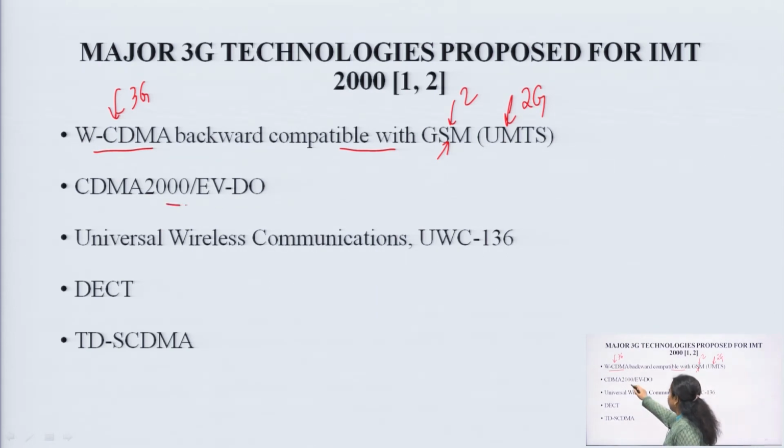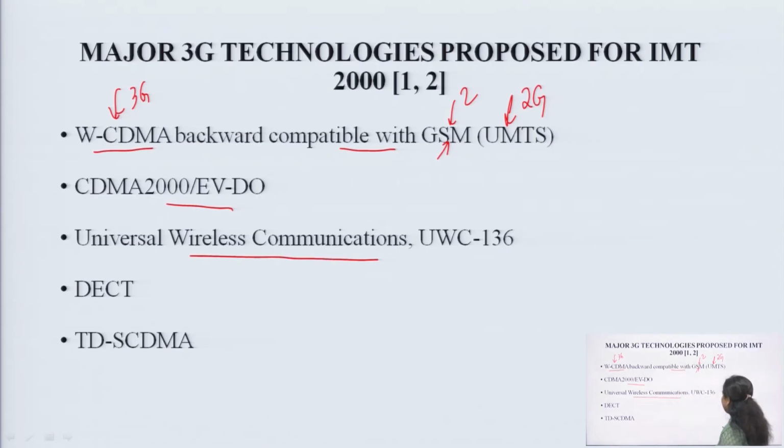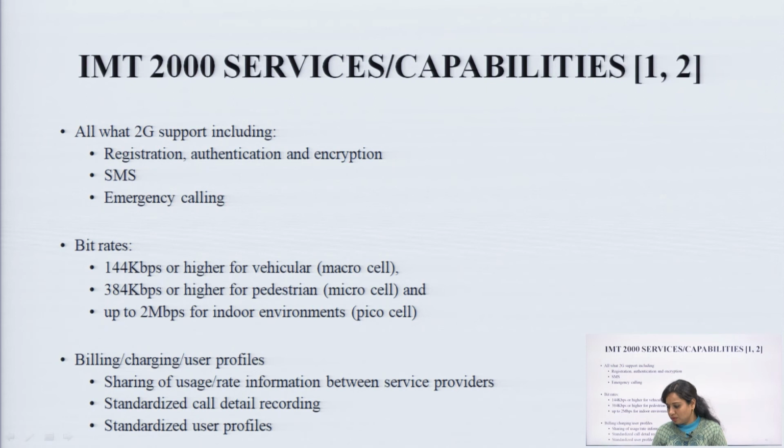Then CDMA 2000 or EVDO, that is the third generation technique which is provided. Then universal wireless communication UWC-136, which is a kind of standard only. Then DECT and TD-SCDMA. That is related to spread spectrum techniques only, where PN sequences are used, and these are based on the different bandwidths supported by these technologies.